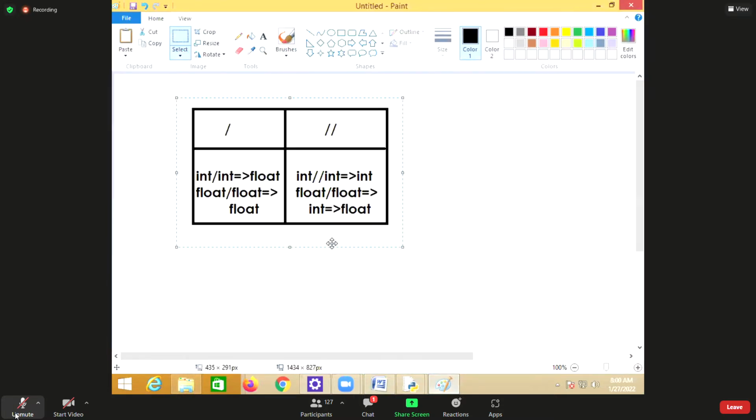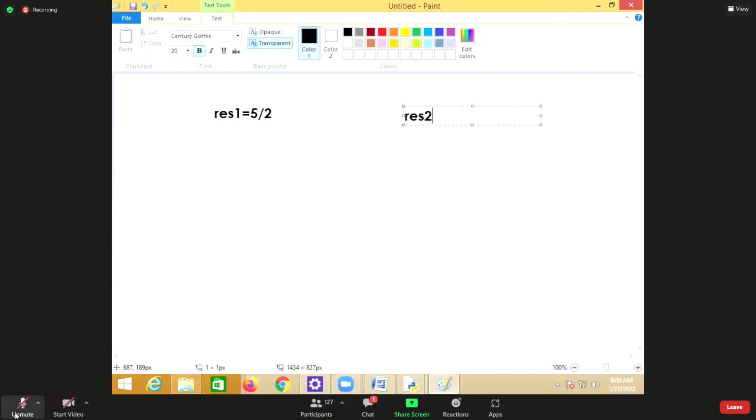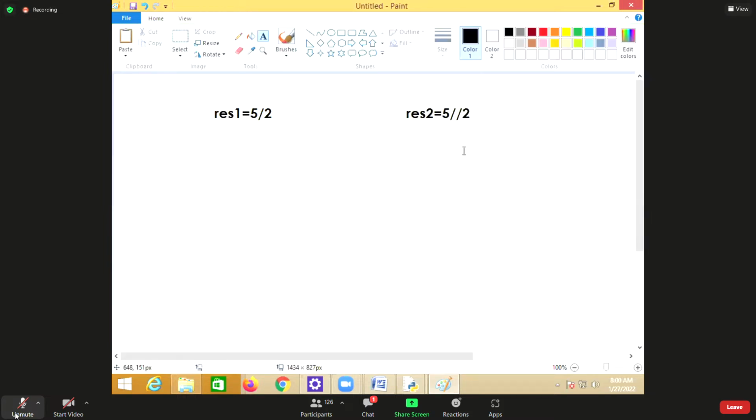For example, result 1 equal to 5 divided by 2, and result 2 equal to 5 divided by 2. So both are division operators only.